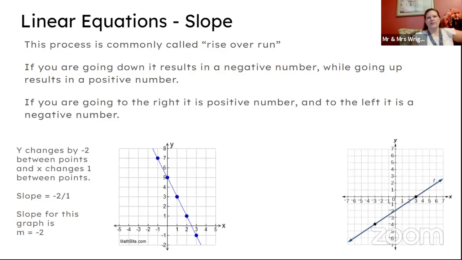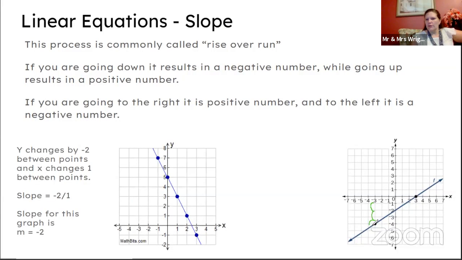Here is another example for us. Let's go ahead and do some change in y. 1, 2, 3, 4. Okay, that's our y change. And then our x change is going to be 1, 2, 3, 4, 5, 6.